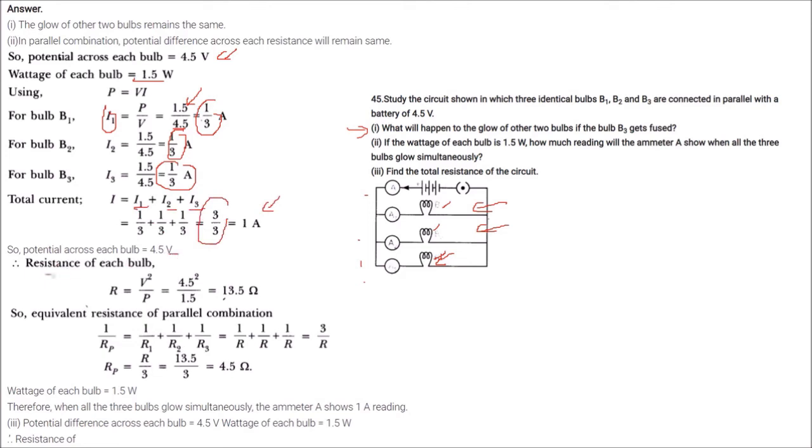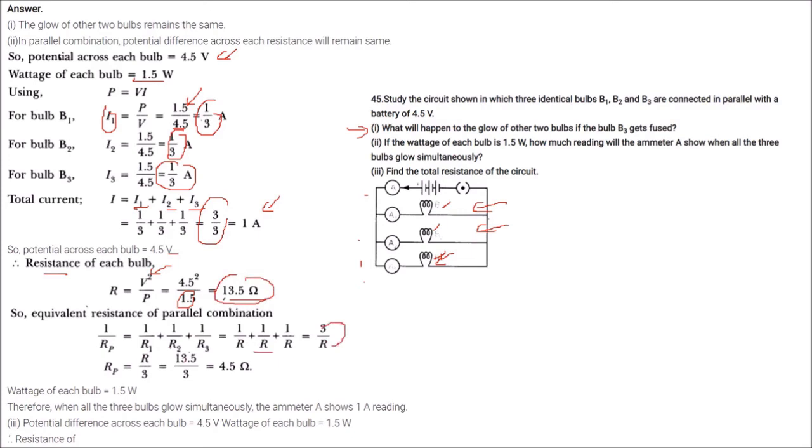Now the potential difference across each bulb is 4.5 volt. The resistance of each bulb will be R equals V squared by P. We use V as 4.5 and P as 1.5, so R is 13.5. The equivalent resistance of the parallel combination is 1 by R1 plus 1 by R2 plus 1 by R3. Since each is 13.5, this is 3 by R, so the equivalent resistance is R by 3.